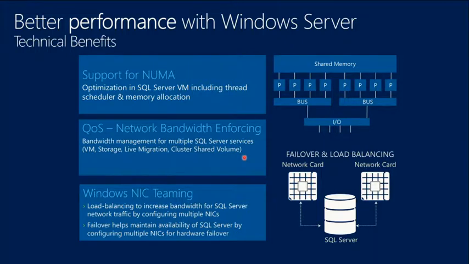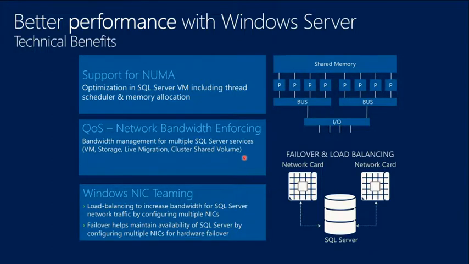The second one, network bandwidth, the QoS or quality of service. This is again part of Windows Server. You can now basically enforce certain network bandwidth, let's say a certain percentage that goes through your network card, based on different traffic, different applications. Let's say you have the same SQL Server running on the same host with, let's say, your file and print or other things.